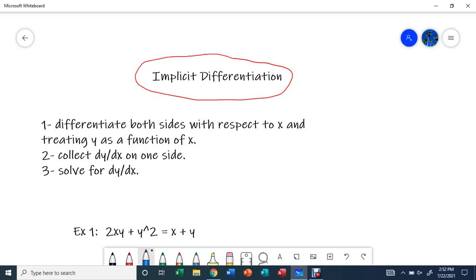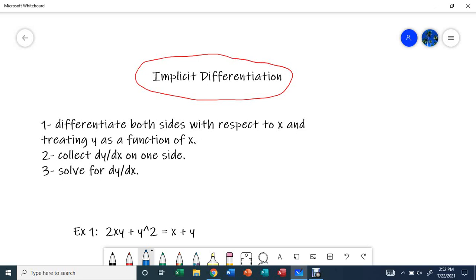In today's video I will show you how to do implicit differentiation. Implicit differentiation is used when we cannot express a function in the form of y equals f of x.